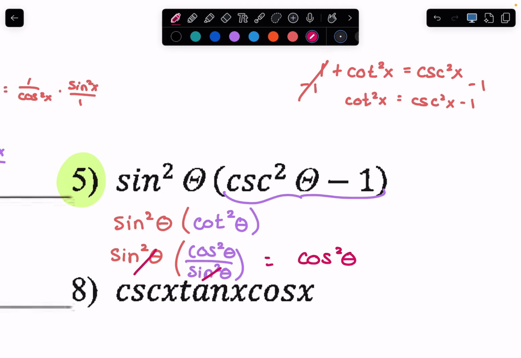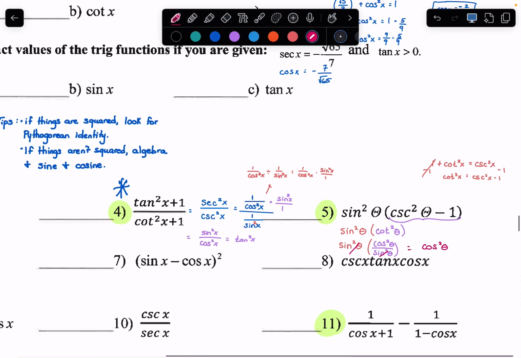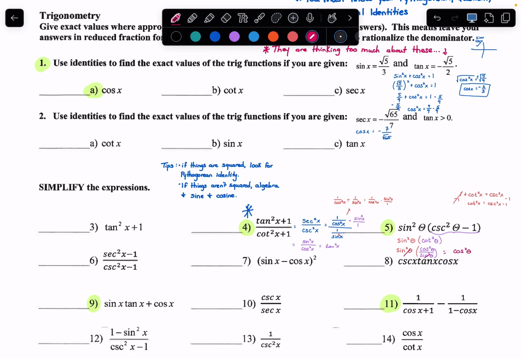Distribute, then we could turn everything to sine and cosine, and it would still work out the same way. So there's multiple ways that you can work these. Obviously, if you notice the identity at first, it's less writing than having to distribute, then change everything. It's a little bit easier, and it's more guaranteed to get the right answer. You can make fewer mistakes for sure if you notice the identity at first.